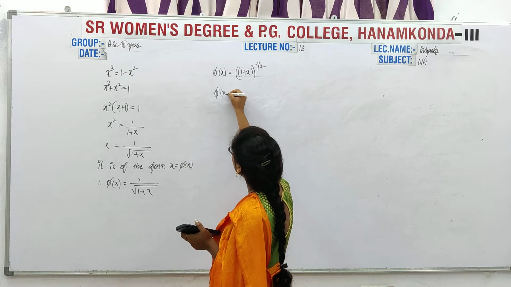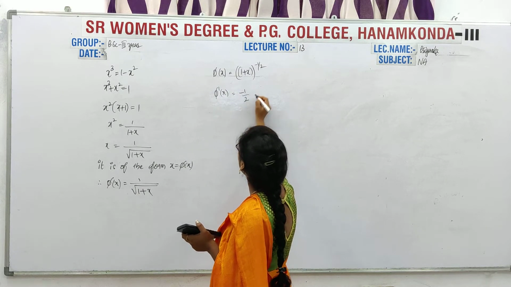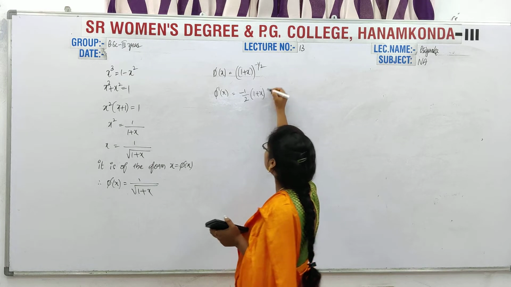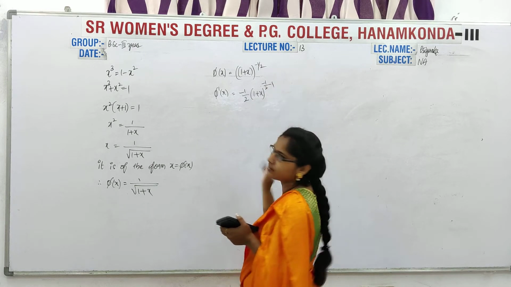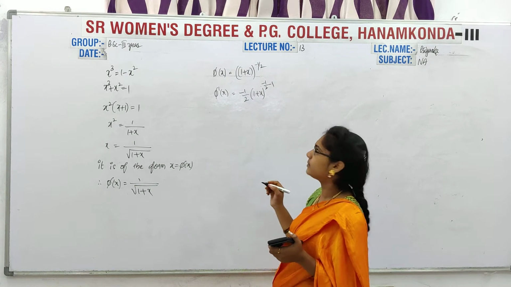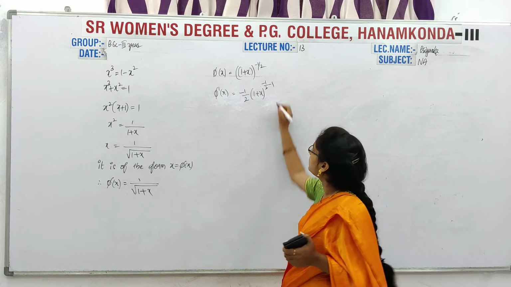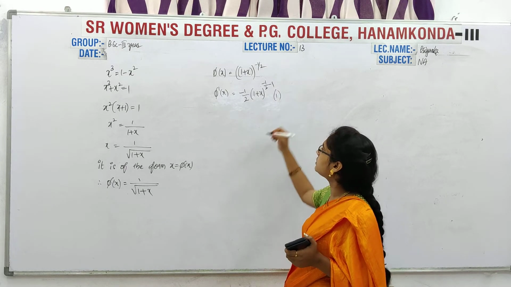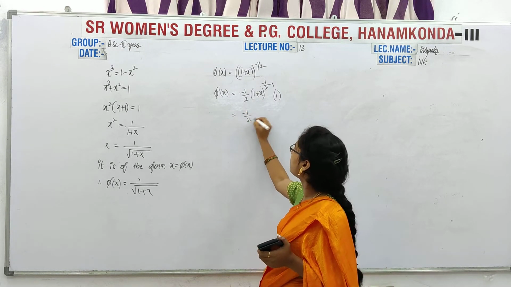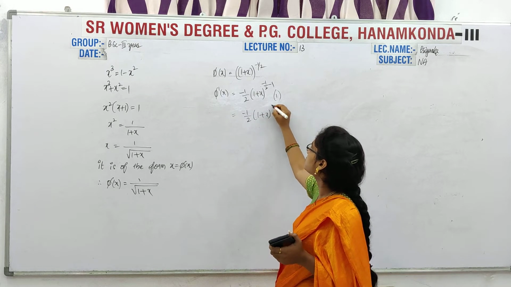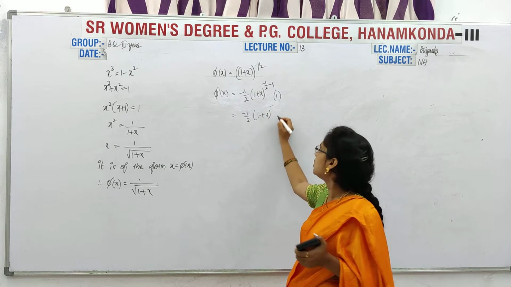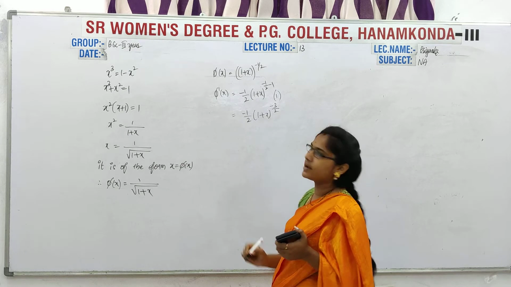Now phi dash of x equals minus 1 by 2 into 1 plus x whole to the power of minus 1 by 2 minus 1, into the inner function derivative, which is 1. So now minus 1 by 2, 1 plus x to the power minus 1 minus 1 by 2, that is minus 3 by 2.